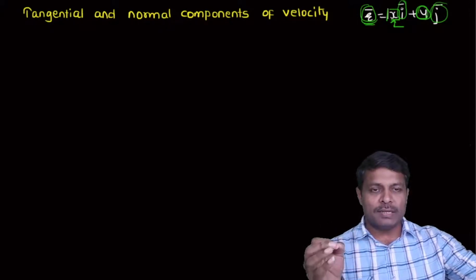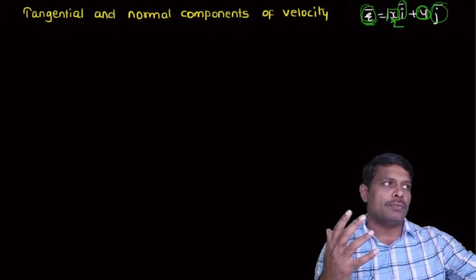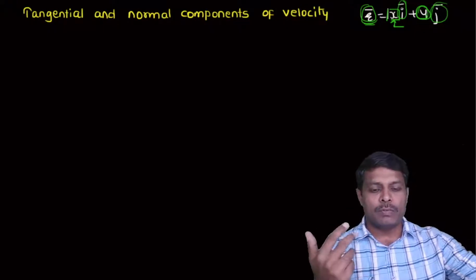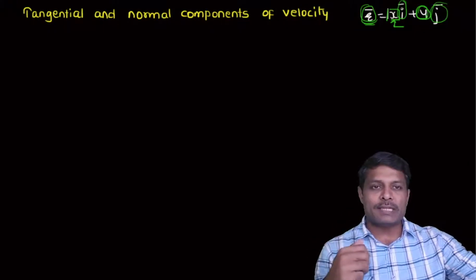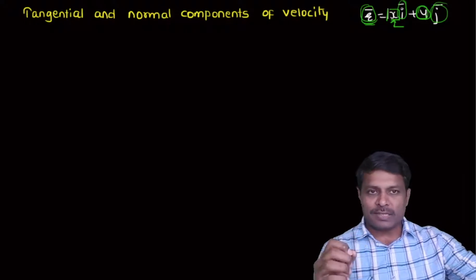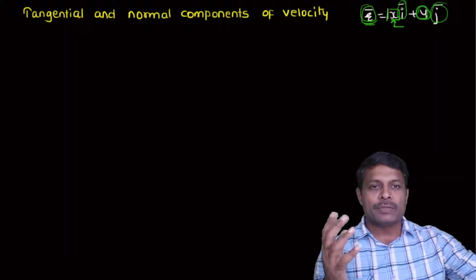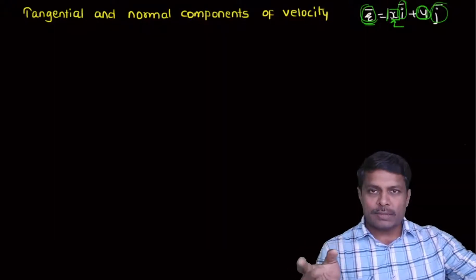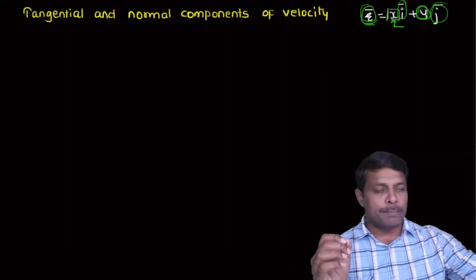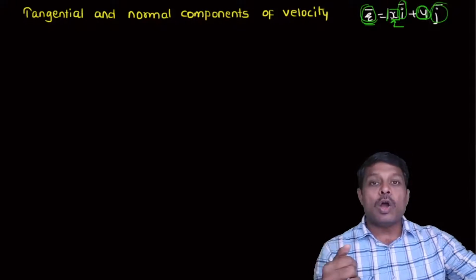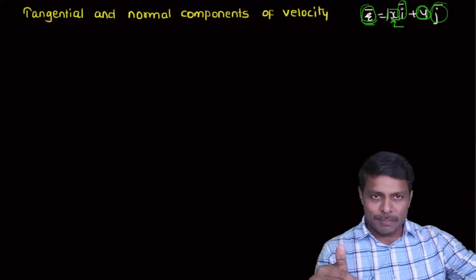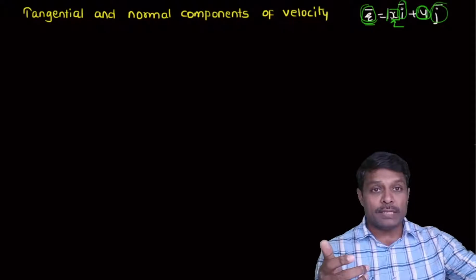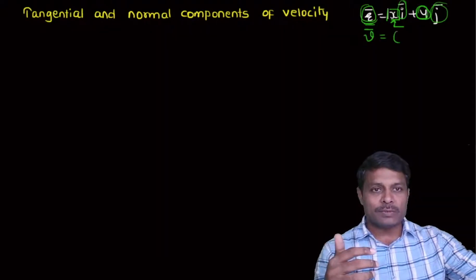When we write or read any vector form, what is our understanding about that vector? It's a simple meaning: what x and y represent in the vector. Here we want to find components of velocity. That means we have to write the velocity vector in terms of something plus something.